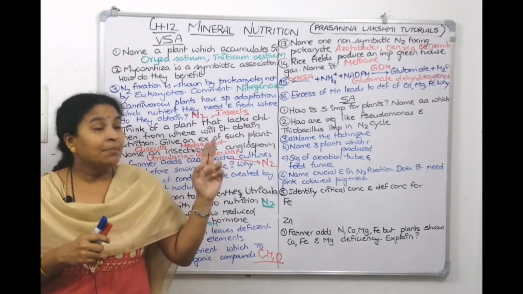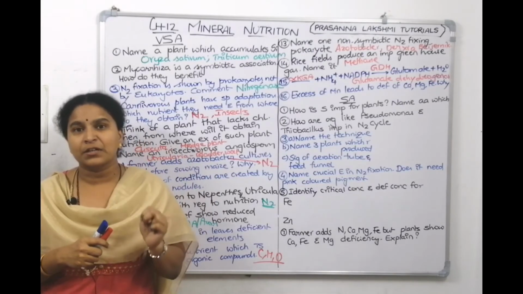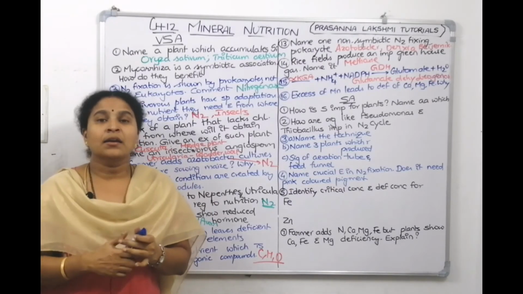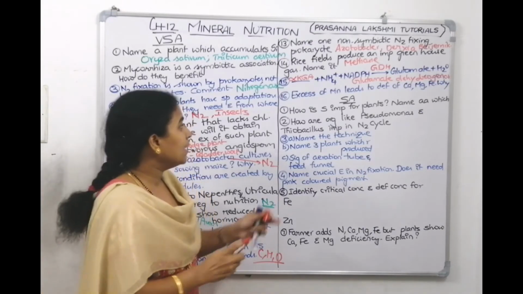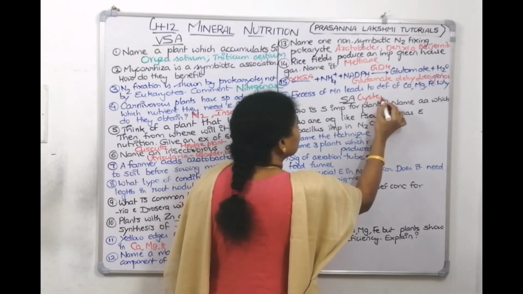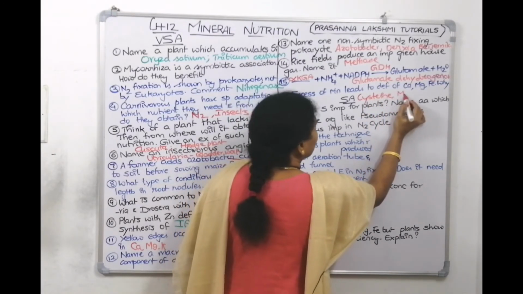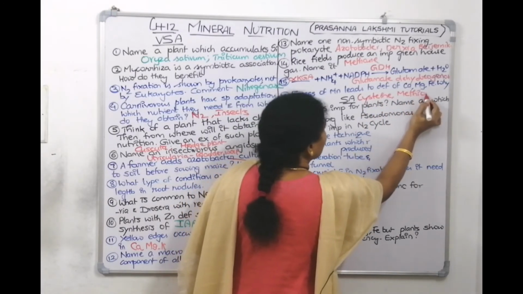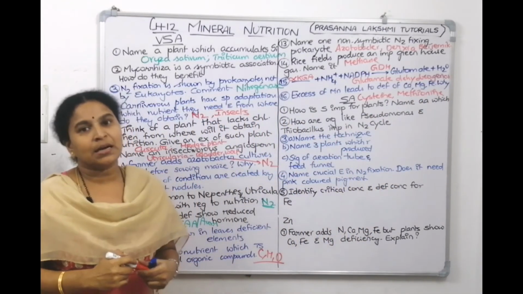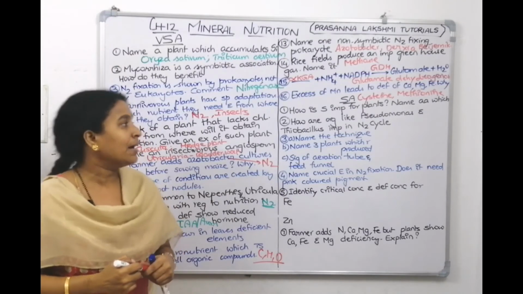They're asking, name the two amino acids where sulfur is there. One is cysteine, the other one is methionine. So, sulfur is part of two sulfur containing amino acids called cysteine and methionine.